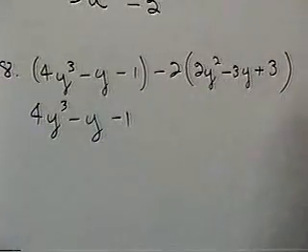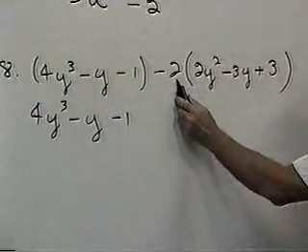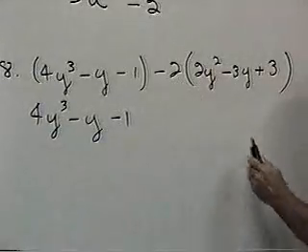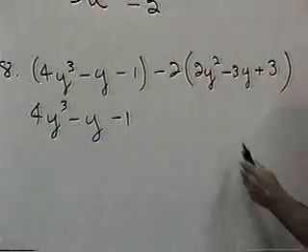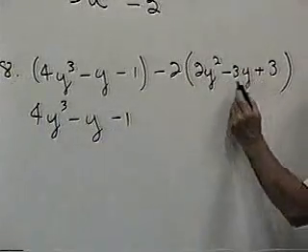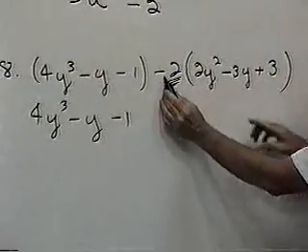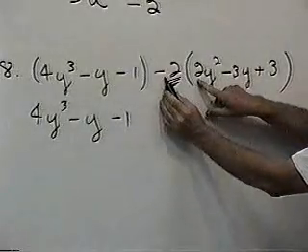Okay, over here now, a little different problem that we're going to work on in the next section of this tape. And we have a minus 2 out in front. Now again, if you follow the rules I've been trying to say, it still works. And that is, you multiply everything inside here by what is directly in front of the parentheses. So what is a minus 2 times a plus 2?